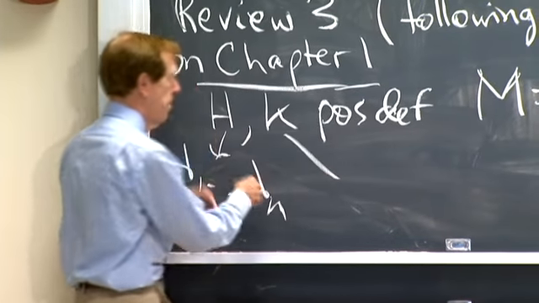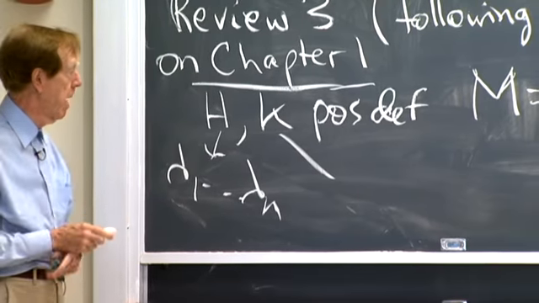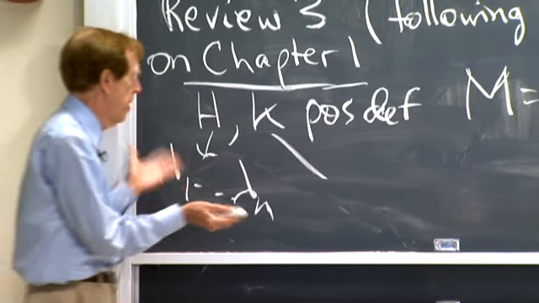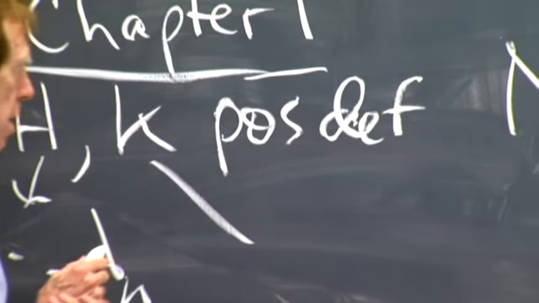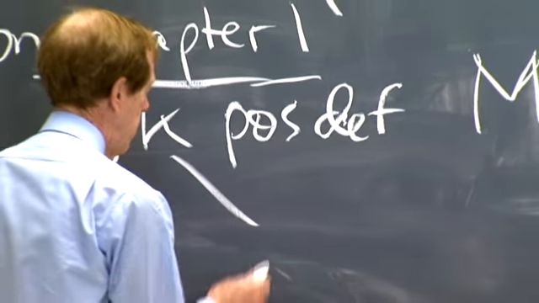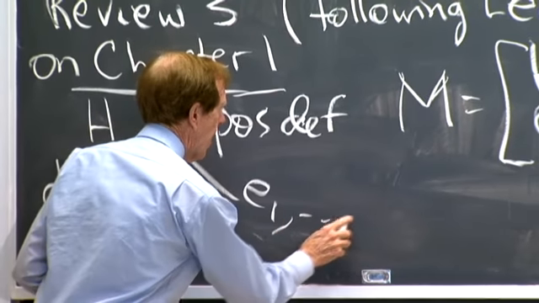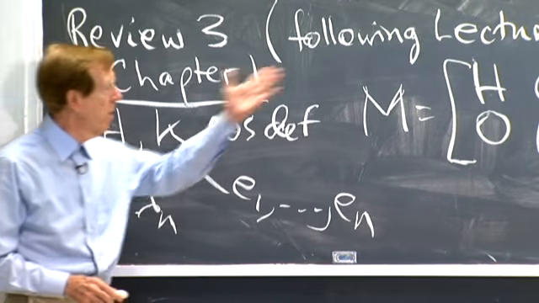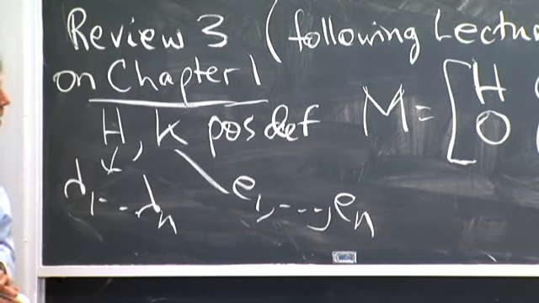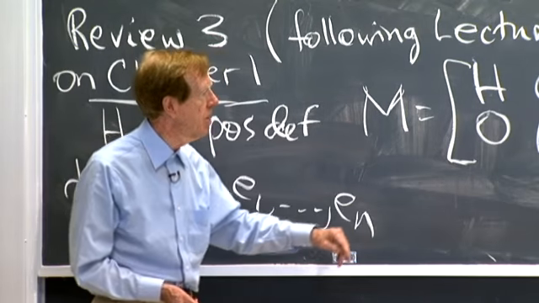And this guy, we'll suppose they're the same size, though they don't have to be, maybe I shouldn't, but I will. This has some other eigenvalues, maybe E1 to En. And then the question is, okay, what about the eigenvalues of that combination, and what about this?